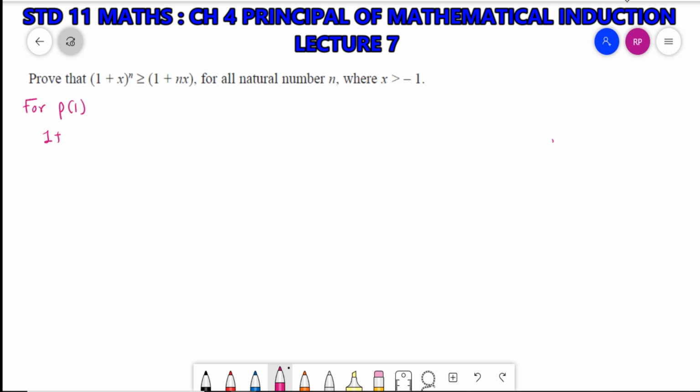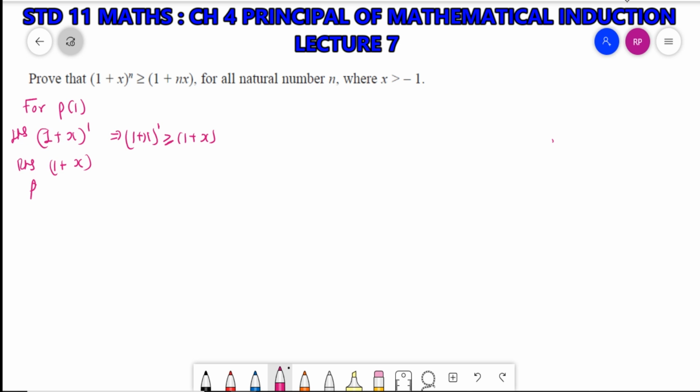LHS is 1 plus x raised to 1 and RHS is 1 plus 1 into x. So both are the same, LHS equal to RHS. So I can write 1 plus x raised to 1 is greater than or equal to 1 plus 1x, because it's an equal sign.